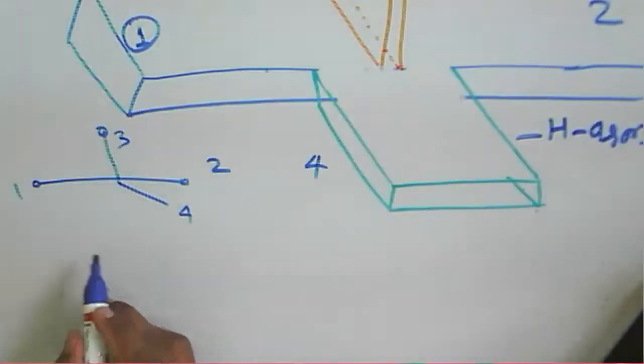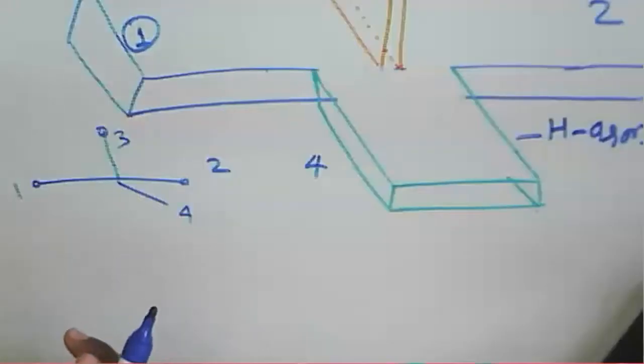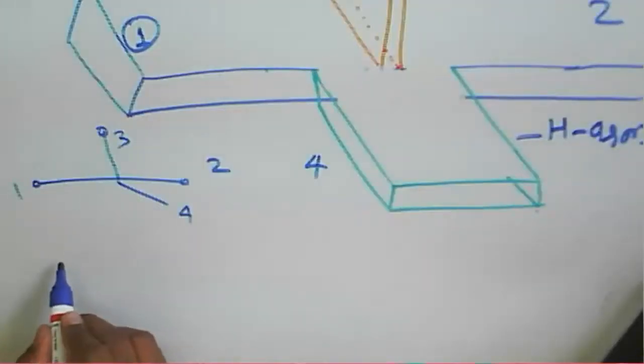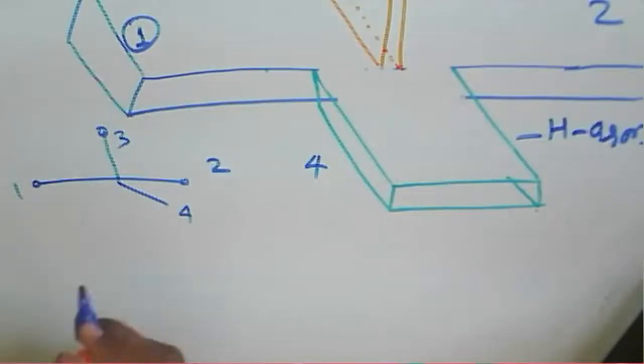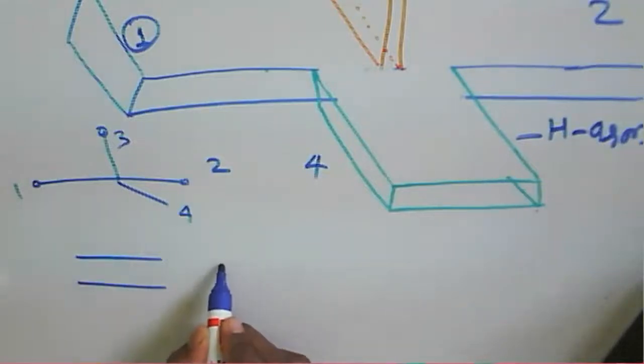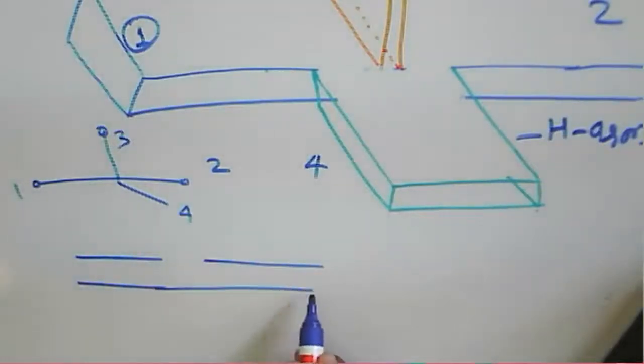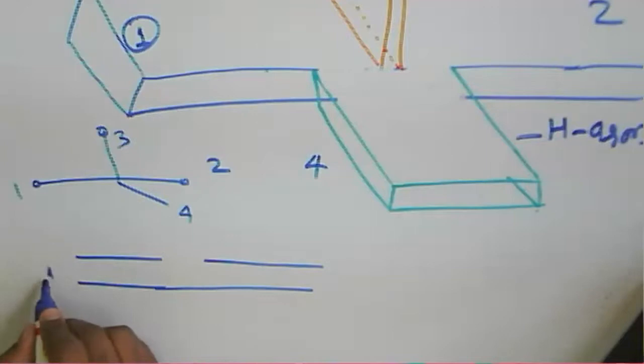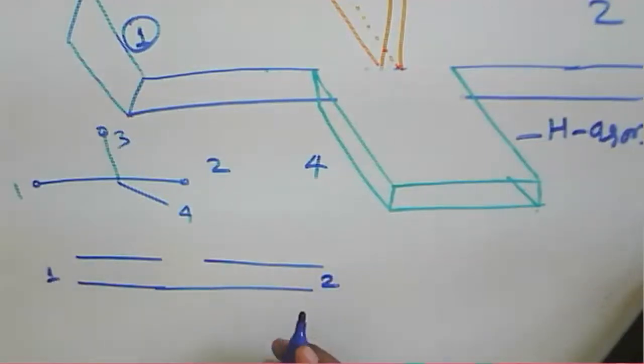Now, how are we exciting it, and how do the electric flux lines look through this particular guide here? This one is port one and this one is port two here.